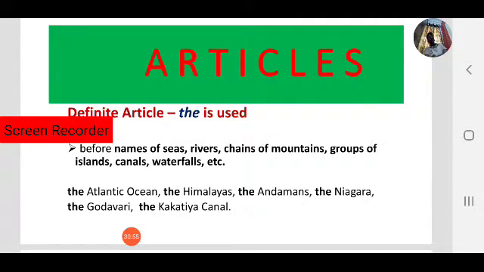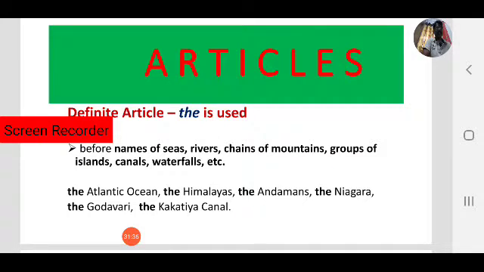Before these names we use the definite article the: the Atlantic Ocean, the Bay of Bengal, the Indian Ocean, not Indian Ocean, the Arabian Sea, the Pacific Ocean, like that. The Himalayas.